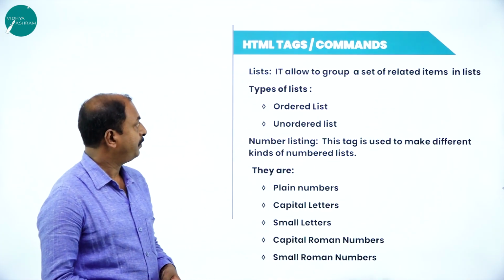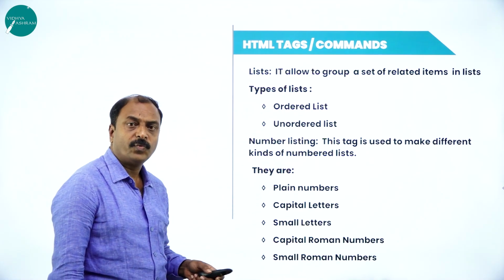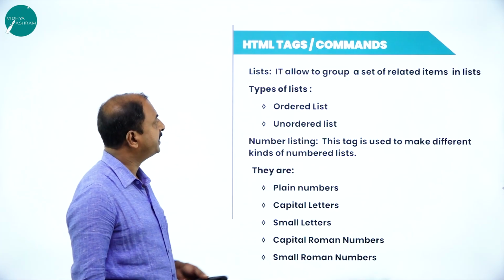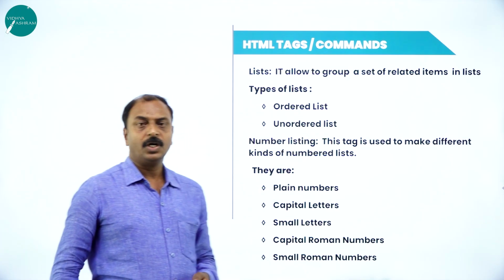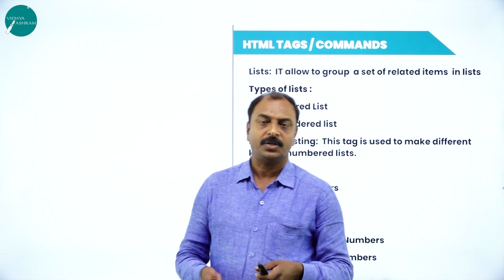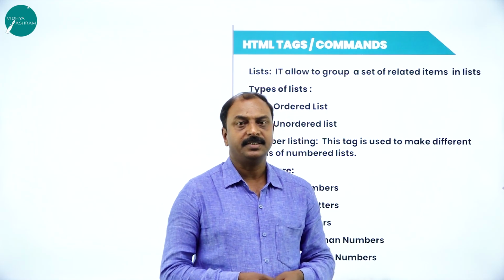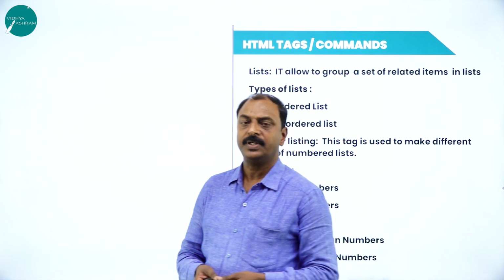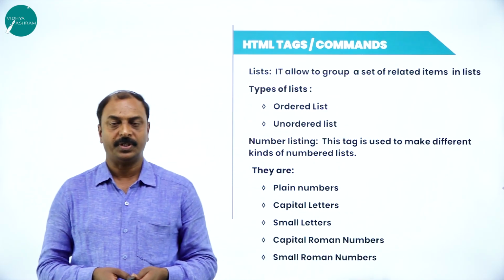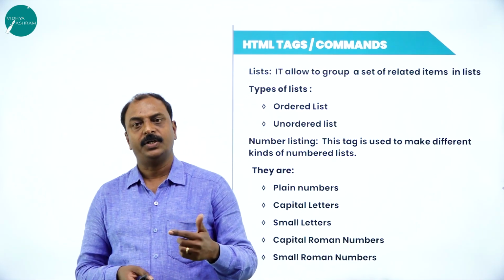Now, in HTML, we can find there are two types of list here. One is the ordered list and the second one is the unordered list. We have already learned in first PUC what ordered lists are. Ordered list is the list of items with numbers like 1, 2, 3, or you can have A, B, C, or Roman numbers 1, 2, 3.